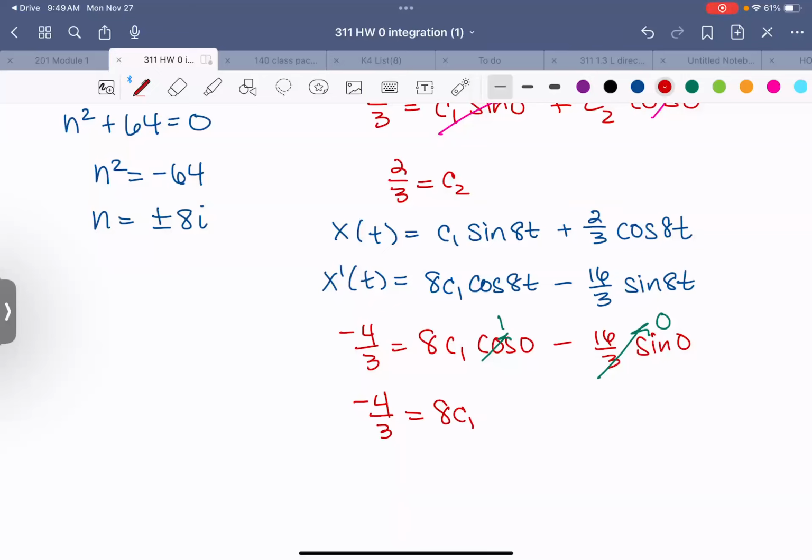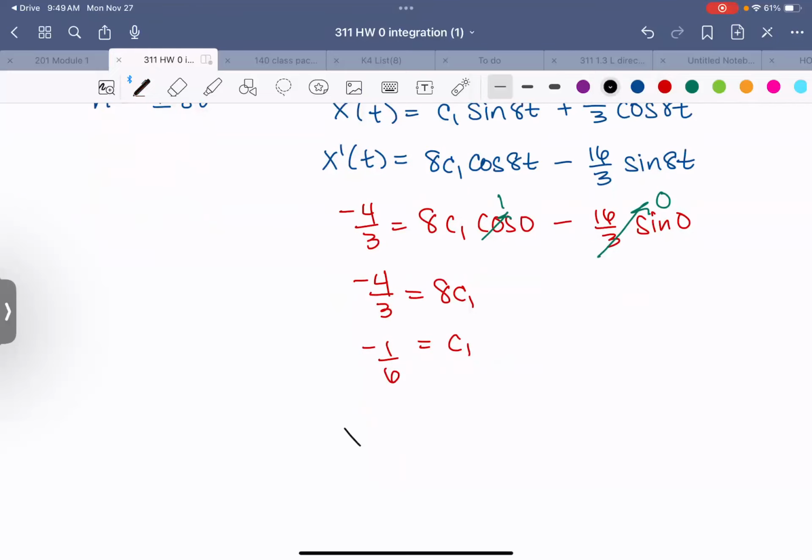Divide both sides by 8, and you get negative 1/6. So that's going to give us an x of t that is negative 1/6 the sine of 8t plus 2/3 the cosine of 8t.